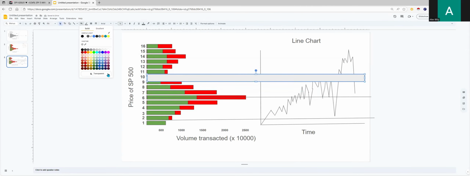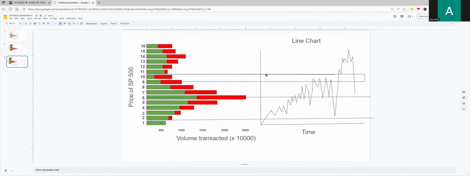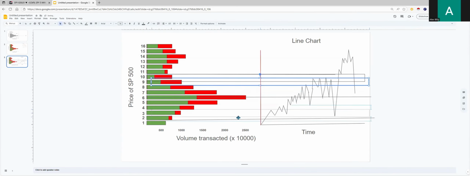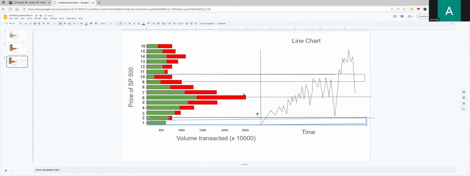Let's make it transparent though, so you guys can see that. And I'm going to do the same thing for the bottom. And this whole area technically would be considered the bottom of this peak. It's not just the value area. It's where this peak begins in its lowest to its highest, and then back down to its lowest. That's what we consider as an individual peak.